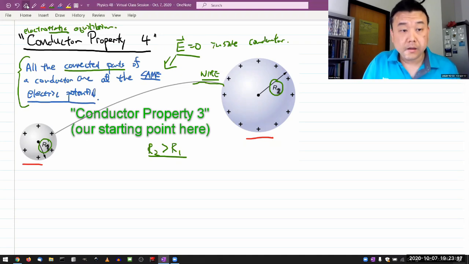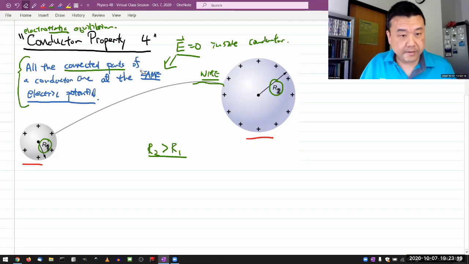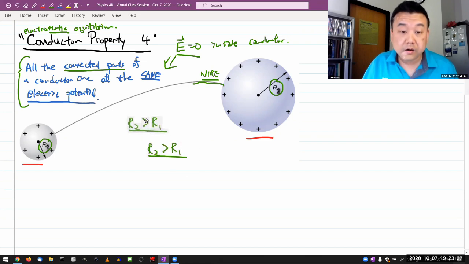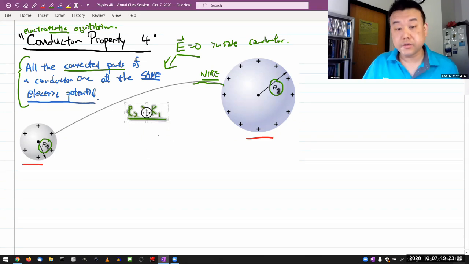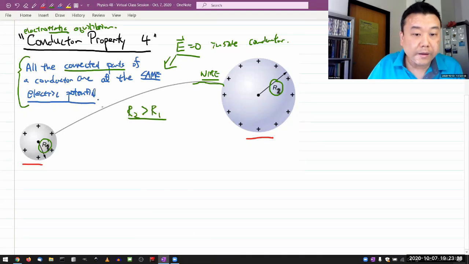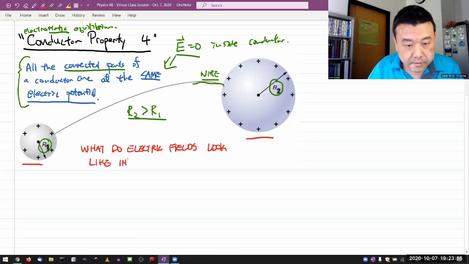So I want to analyze this setup, and as we are analyzing it, what we are ultimately interested in are the properties of electric fields in this setup. So what do electric fields look like in this setup?